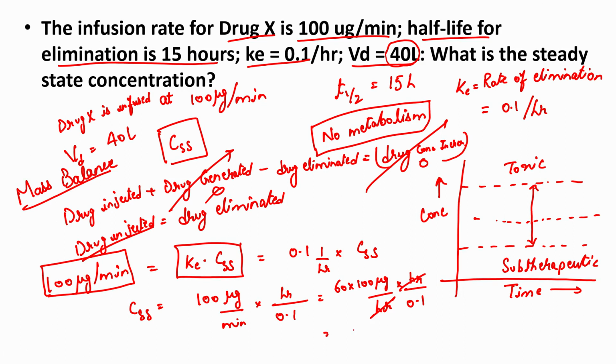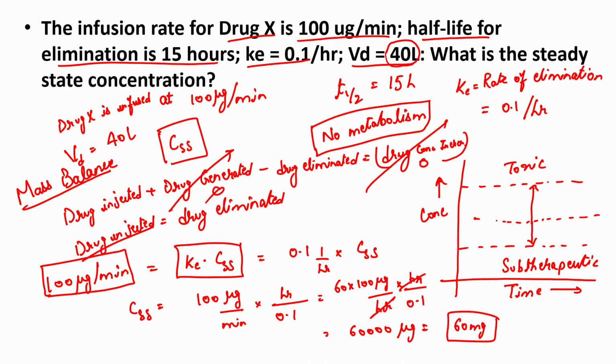So this essentially will become 6000 and then one more 0 mu g, which you can convert to milligram. So that will give you about 60 milligram.